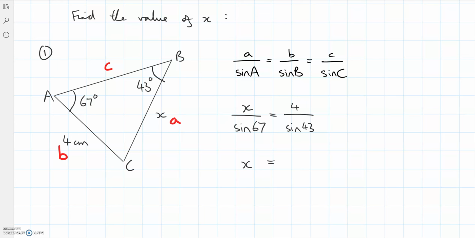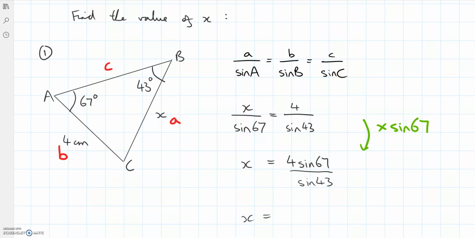So to get from here to here, I'm going to multiply by sine 67. And because I've already got a fraction on the right, if I'm multiplying by sine 67, that's just going to attach itself to the top of the fraction. And we always write numbers and then we write our function after. So 4 times sine 67 will be on the top, and the sine 43 remains on the bottom.